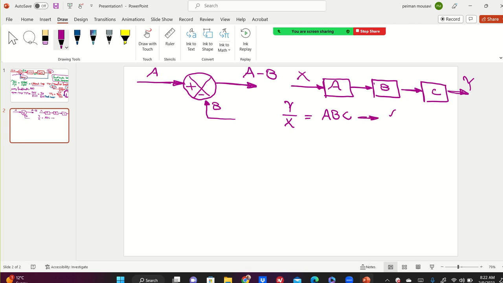On the other hand, Y is going to be X times A times B times C. These are two trivial conventions that you have to know.